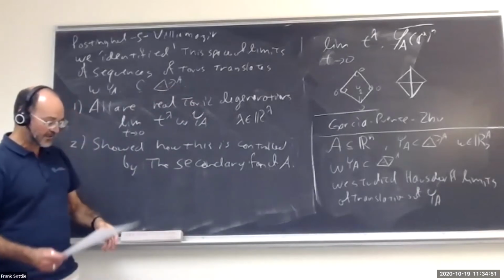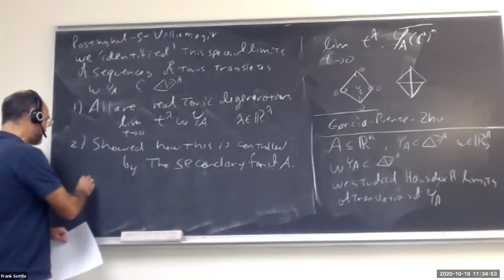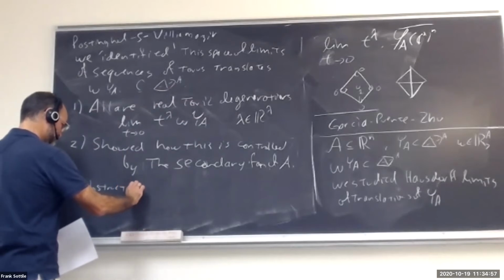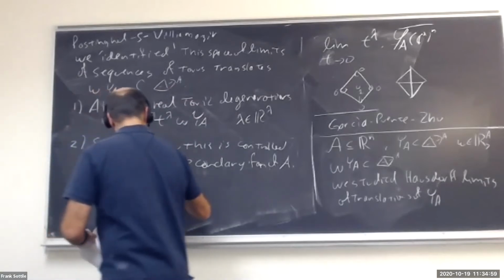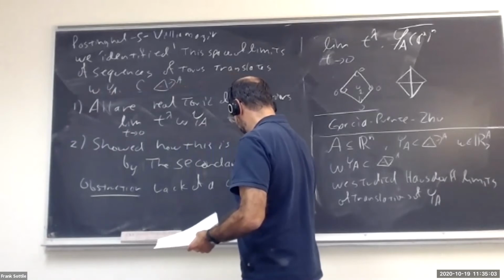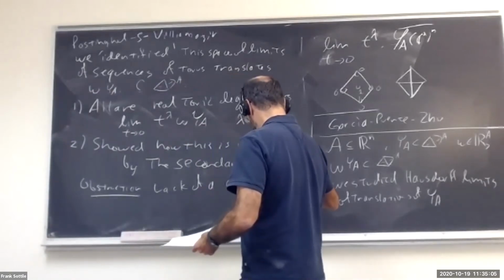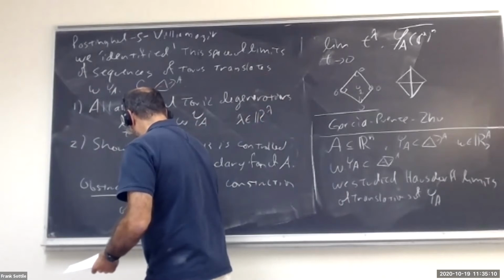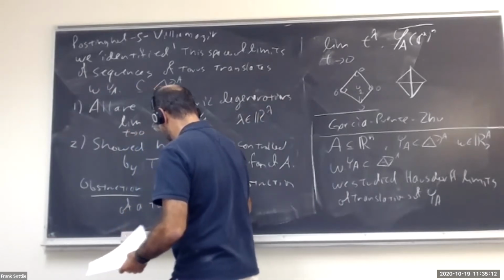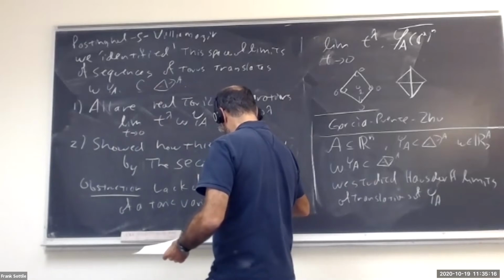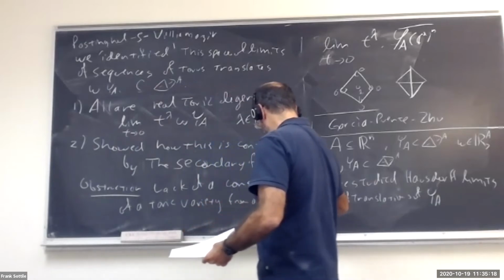We came very close. And the obstruction was the lack of a construction of a toric variety, maybe certainly rational, from a fan.